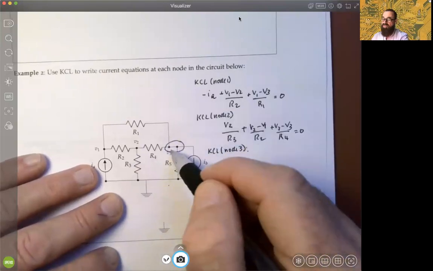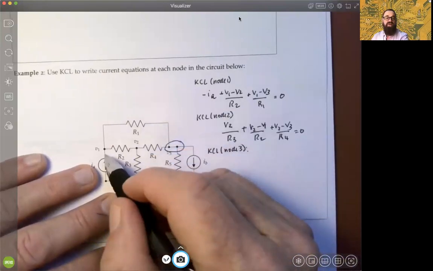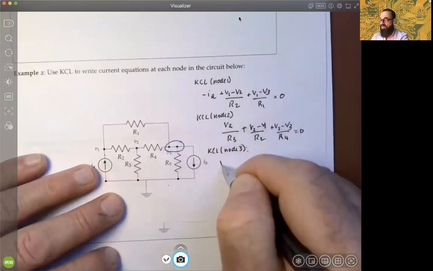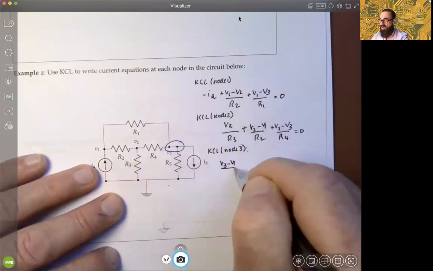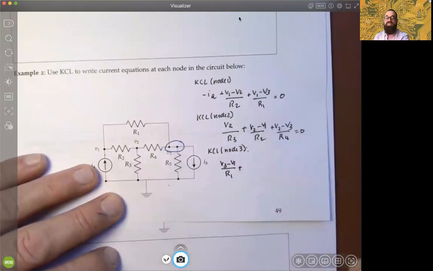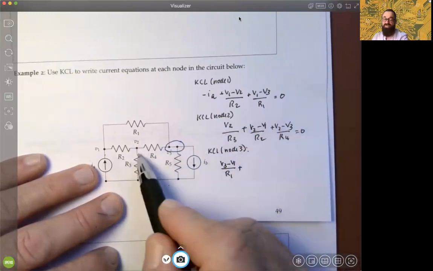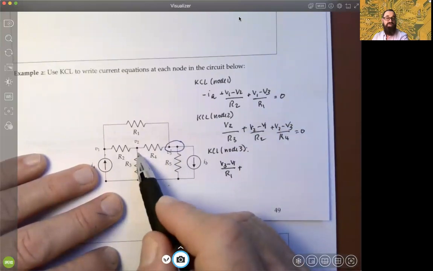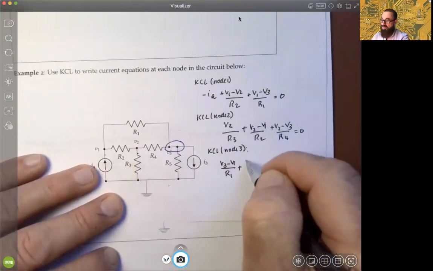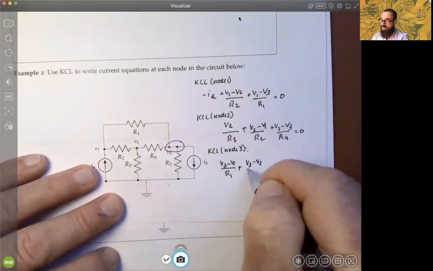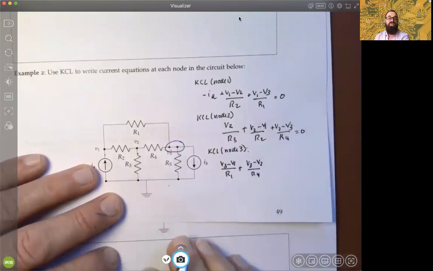If you went up from this node, you would pass through R1 back over to this node voltage, so we have V3 minus V1 over R1. That's the first component. Then you could go from this node through R4 to node 2, so we'd have plus V3 minus V2 over R4.